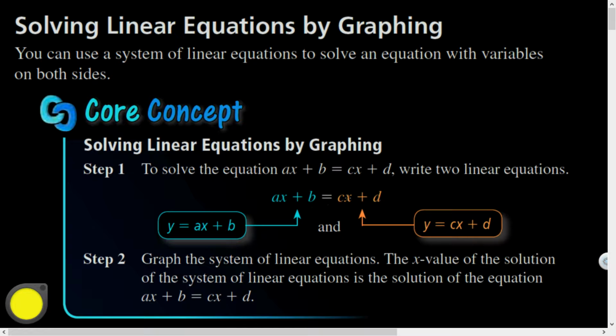So you write those two lines from this one equation by pulling both sides apart, and then you graph the system of linear equations, and the x value, underline that, of the solution of the system is the solution to the equation. That tells you what value of x would have made those equations true. That's the idea.